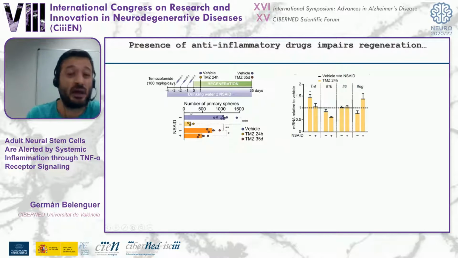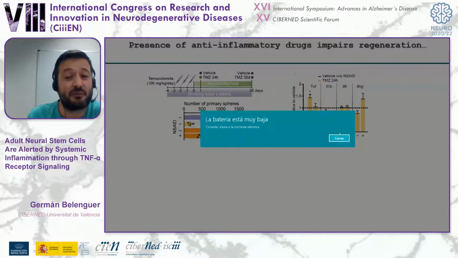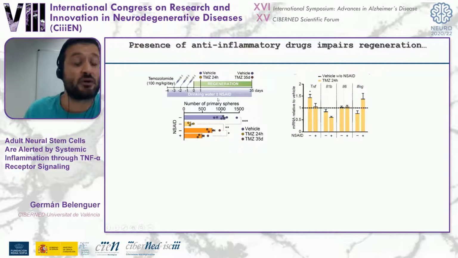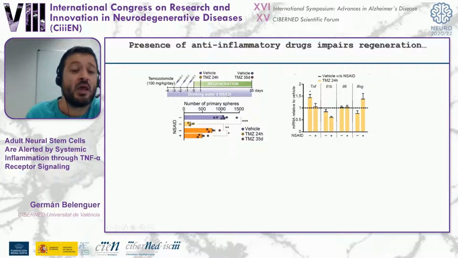We demonstrate that if you treat mice that are recovering from chemotherapeutic treatment and trying to regenerate, during this regeneration process, with a combination of anti-inflammatory drugs, these mice do not recover as well as their control group.